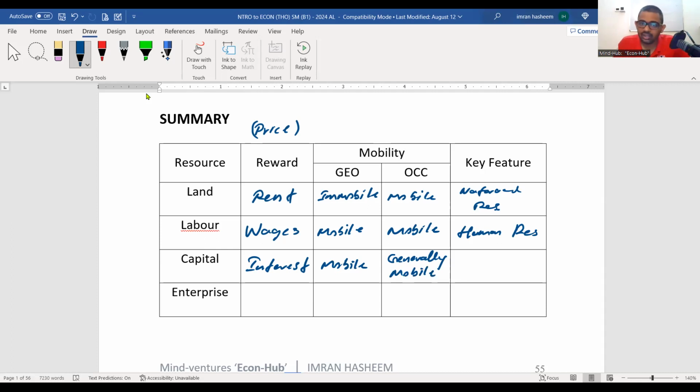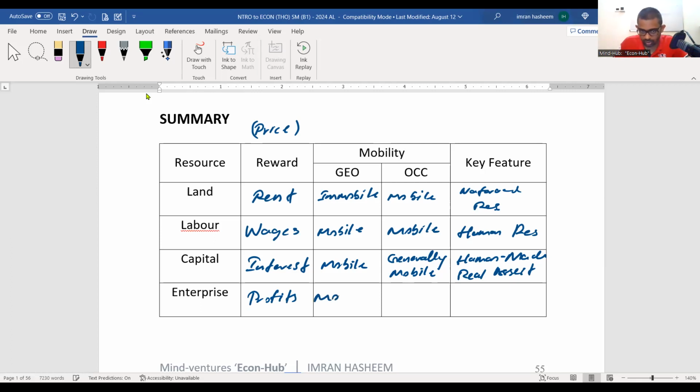Key feature: human-made real asset. Money is not capital, remember? Human-made real asset.